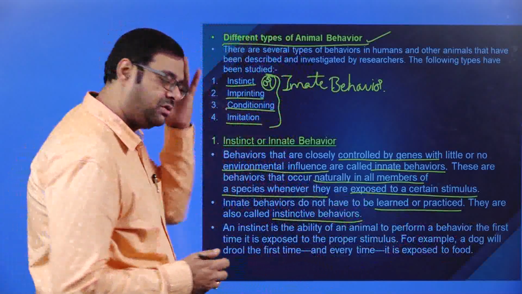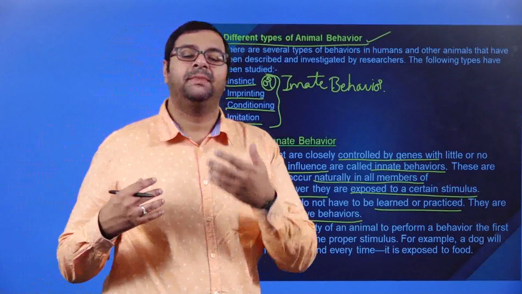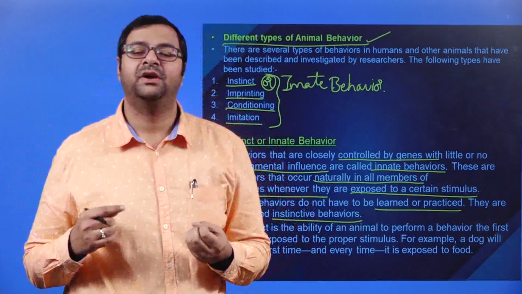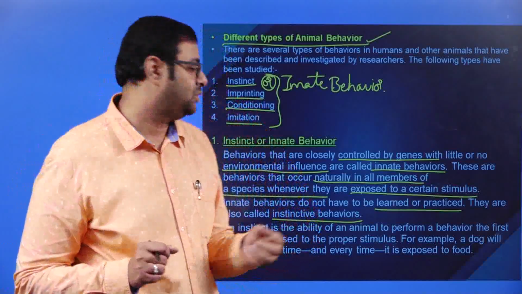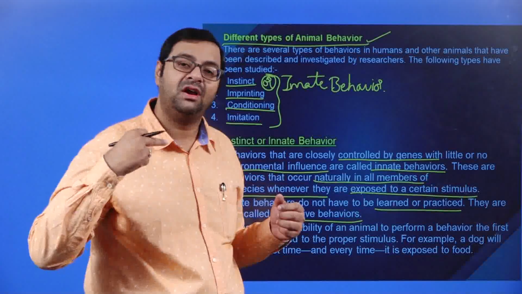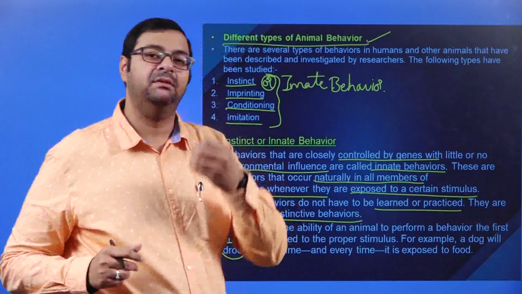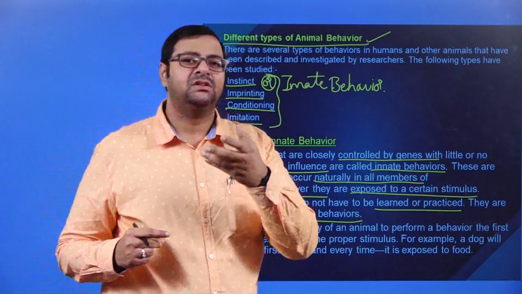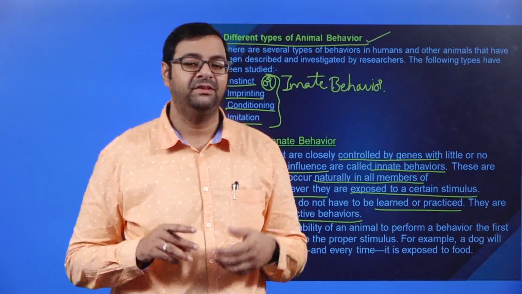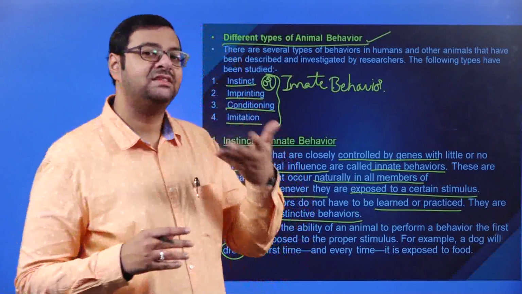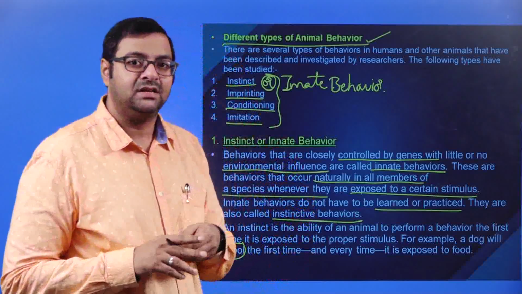Drooling means more saliva comes out of its mouth when it smells or sees food. Even our mouth starts watering when we see a favorite food. It's an instinctive behavior which is not under your control.